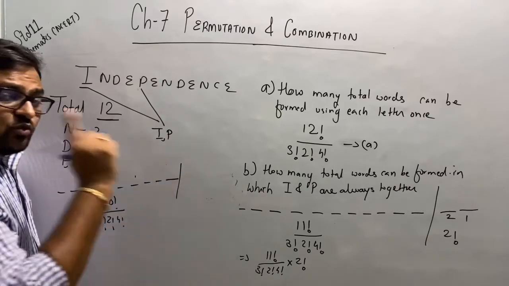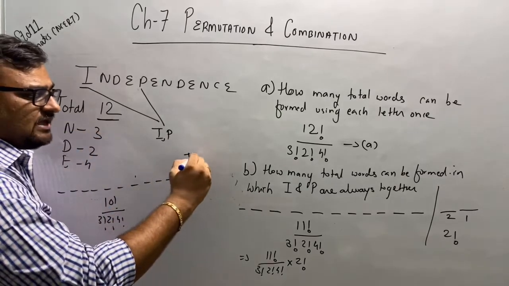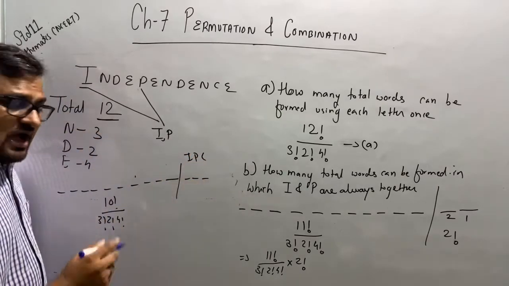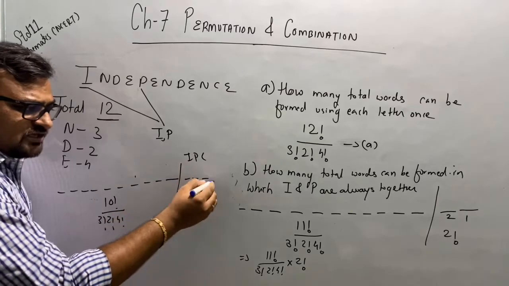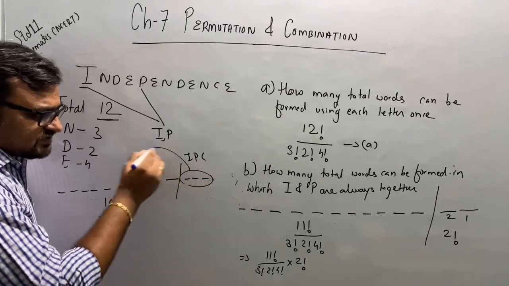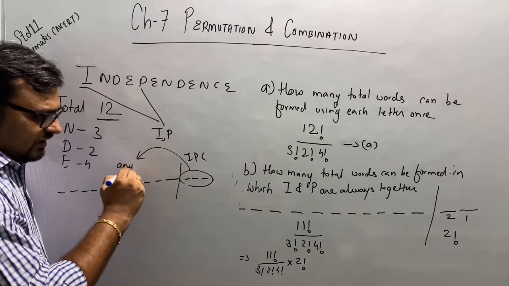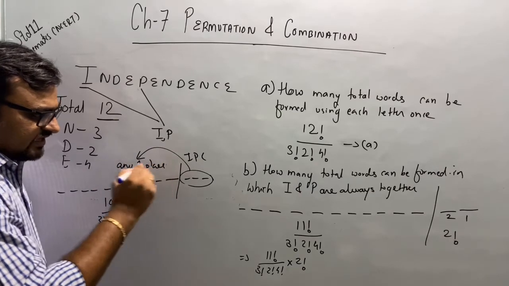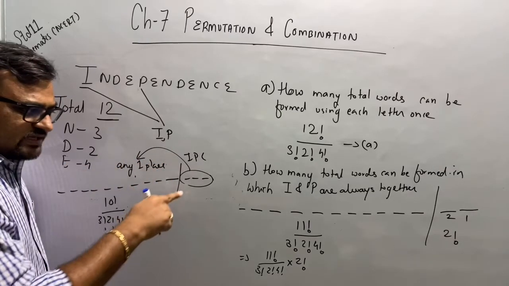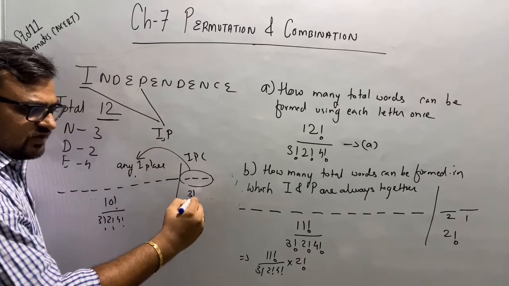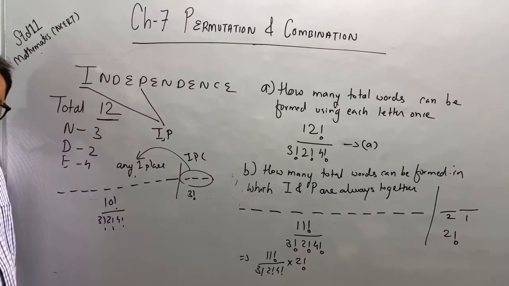Clear? Now these three are from any one place in this. So how many ways can these three arrange? 3 factorial. Clear? So into 3 factorial.